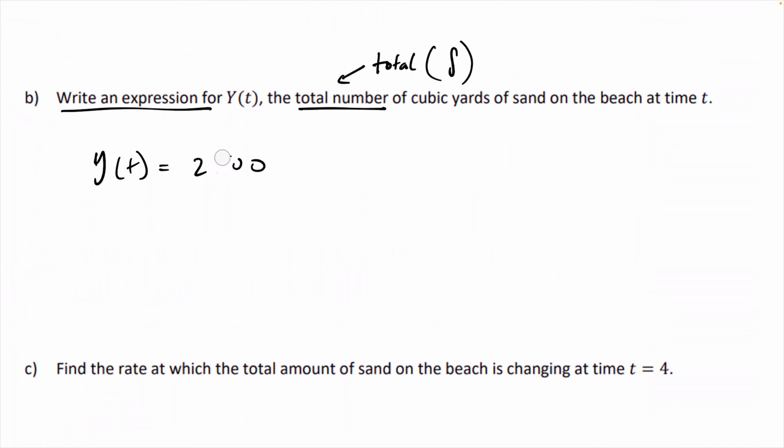The total amount at the beginning was 2,500. Then I have to find the integral, the total, for sand that left, which is R of t.